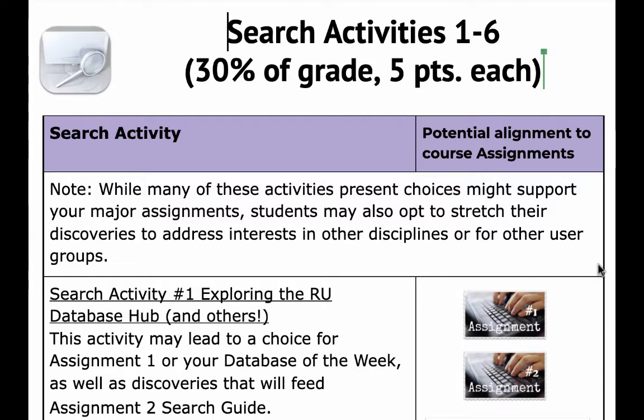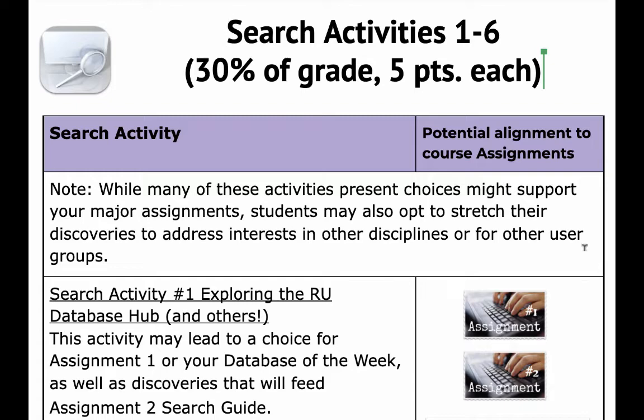These activities may offer opportunities for you to create things that are used in assignment 2, but they don't necessarily have to. You can decide if you want to work strategically by creating things for your LibGuide, or really you could just explore.